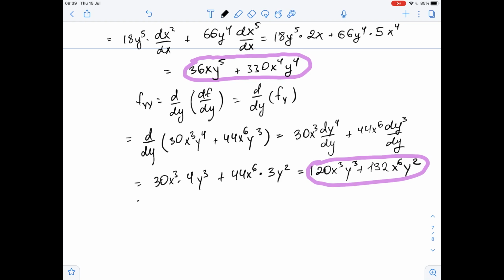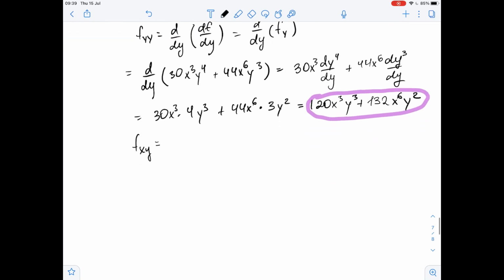So f_xy equals d over dy of df over dx. So this equals d over dy of f_x.